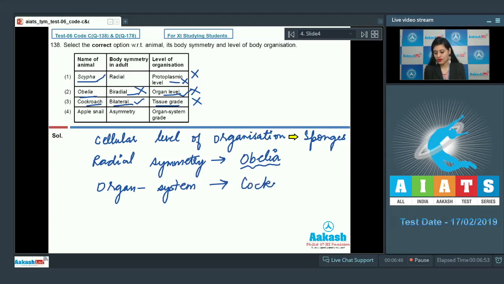The last option given is apple snail, asymmetry, and organ system grade. And as it is a correct match, so this is a correct answer to our question.